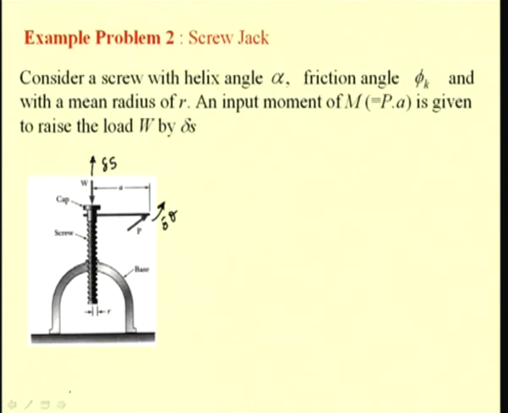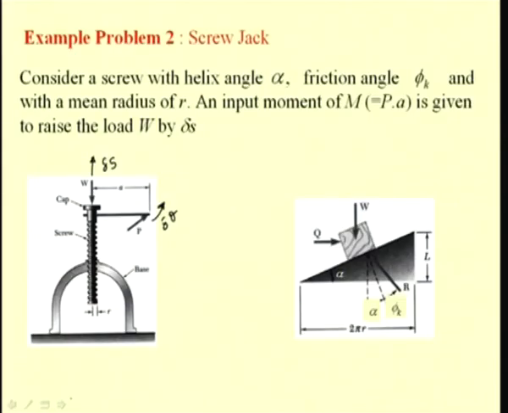We have already seen that we can analogize an equivalent inclined plane for the screw jack and perform the analysis. Here you see an equivalent inclined plane where the inclination is equal to the helix angle, and this is the lead L of this screw, which is equal to the pitch for a single thread, and for multiple threads it is equal to n times the pitch.